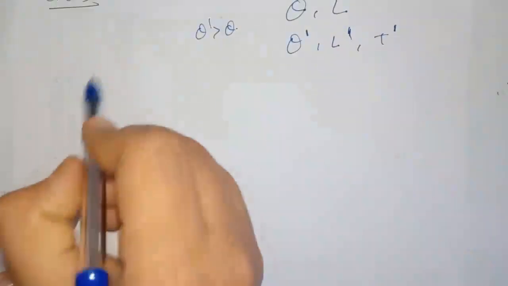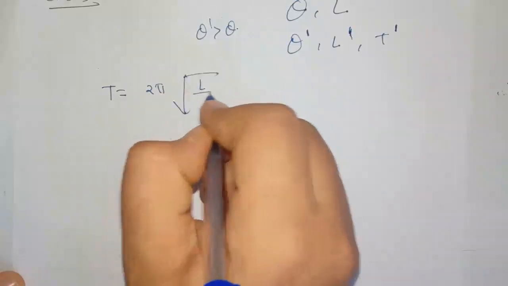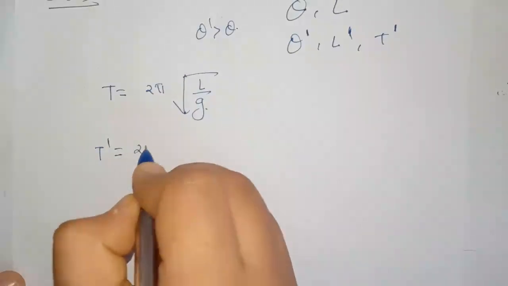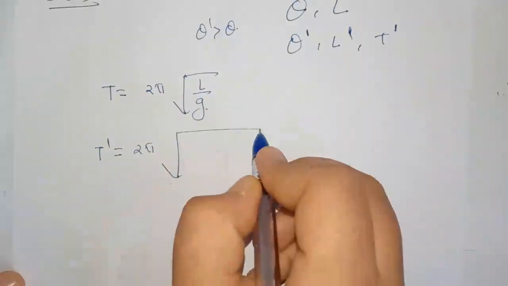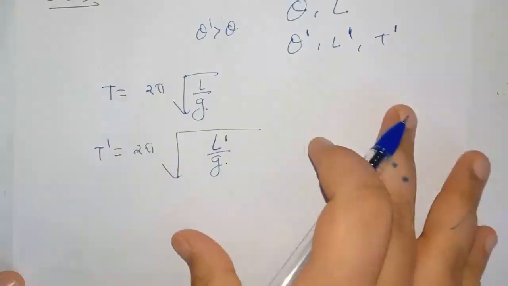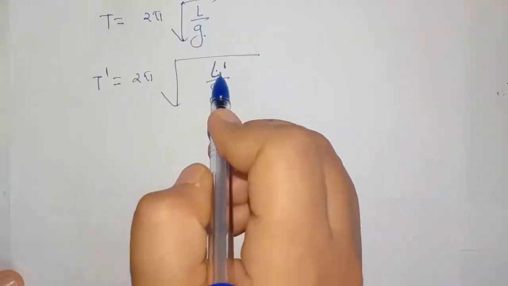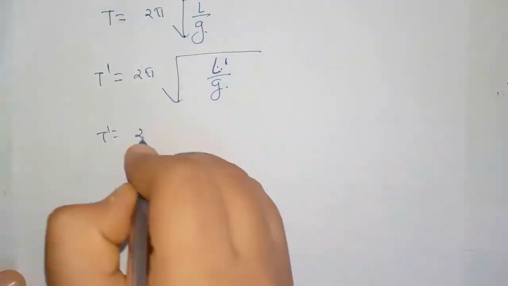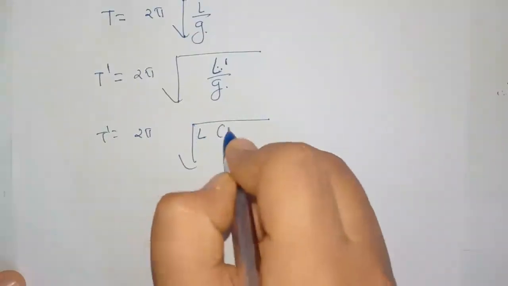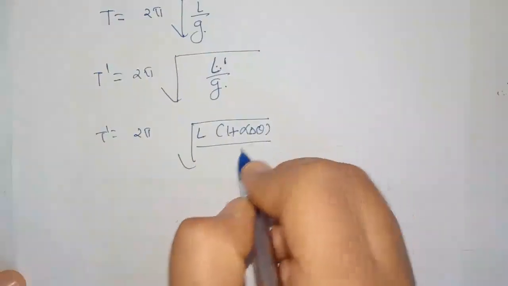The time period for a pendulum is given by 2 pi under root L by g. The time period T dash at temperature theta dash can be given as 2 pi under root L dash upon g. The L dash, that is the length at temperature theta dash, is L into (1 plus alpha delta theta).